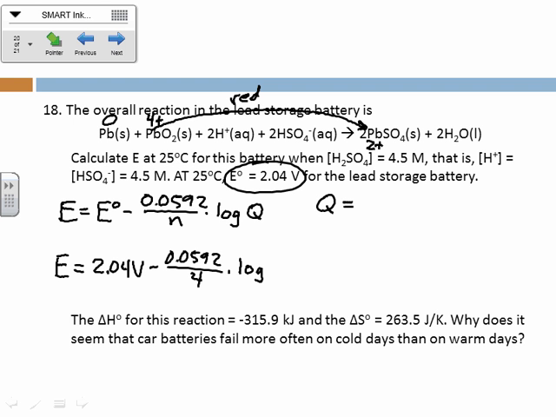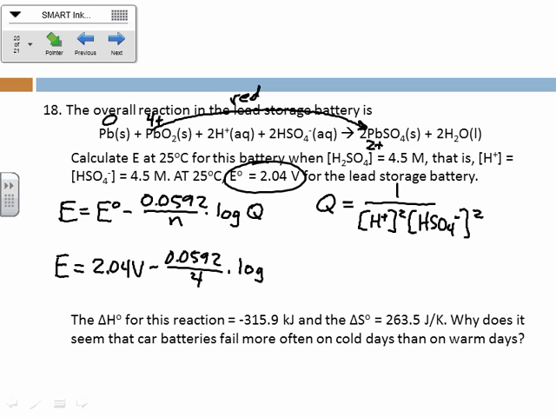Now Q here is kind of different, because remember, we don't include solids or liquids in our equilibrium expressions, or in our Q expressions. So actually, this is just going to be 1 over some things that are on the reactant side. And so, really, it's our H plus concentration here squared times our HSO4 concentration squared, and they're saying those concentrations are 4.5 molar each.